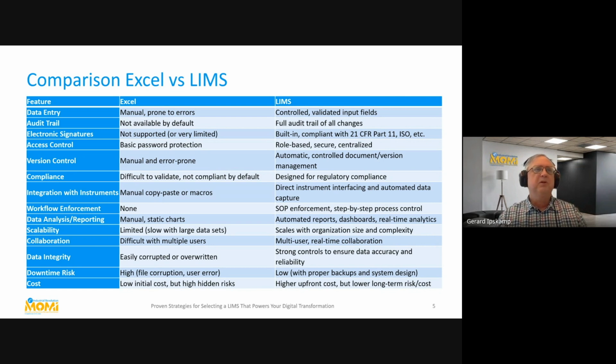Then collaboration is difficult with multiple users: locking the Excel, typing in the same cell, etc. The more people at the same time do different tests, putting that in the same Excel, you have all types of issues there. I leave the rest for you to see, and probably there are a couple more, but most of the time this is enough to convince management that they should maybe go away from Excel and go a little bit more to LIMS systems.